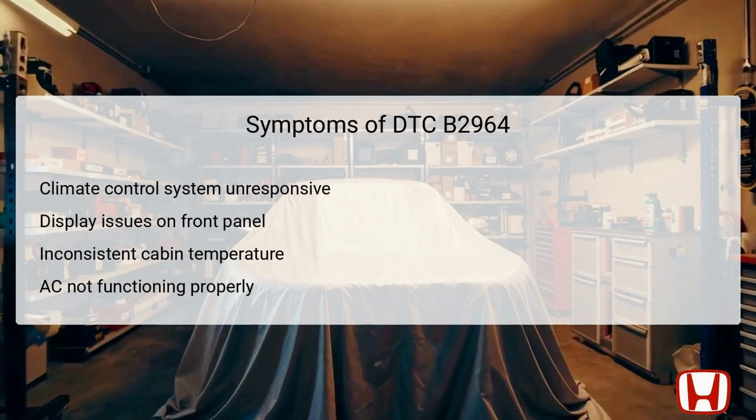You may also notice an inconsistent cabin temperature, as the system can no longer communicate effectively to adjust air temperature and airflow. Moreover, the air conditioning may not function as expected, failing to cool the cabin, which is critical during warmer months. Recognizing these symptoms is essential for effective diagnosis and timely repairs.